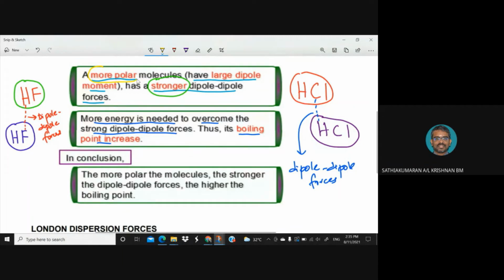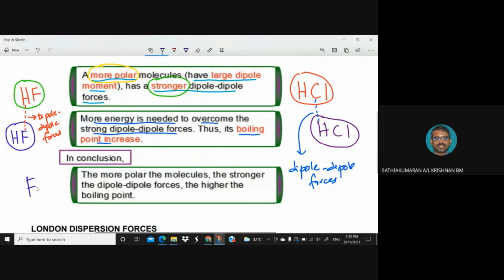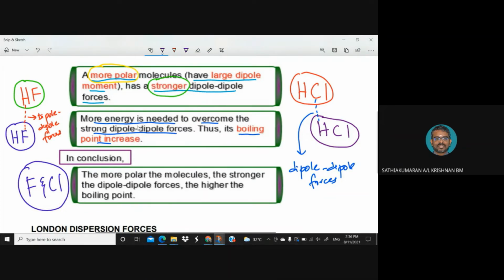Which one is more polar molecule? F and Cl. Which atom is more electronegative? Are both in the same group? Anyone?